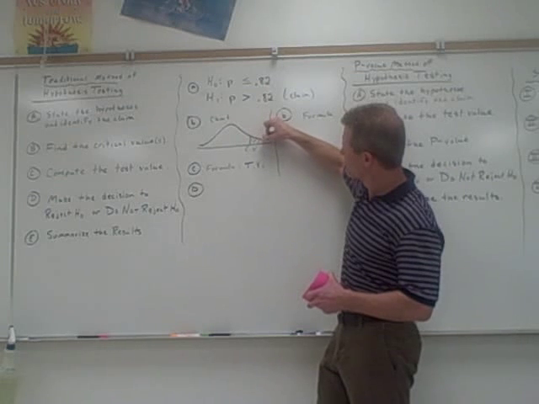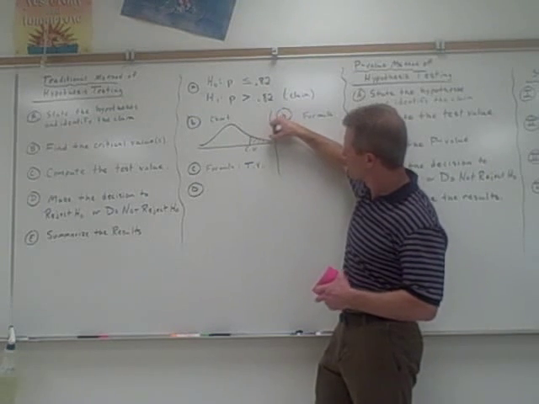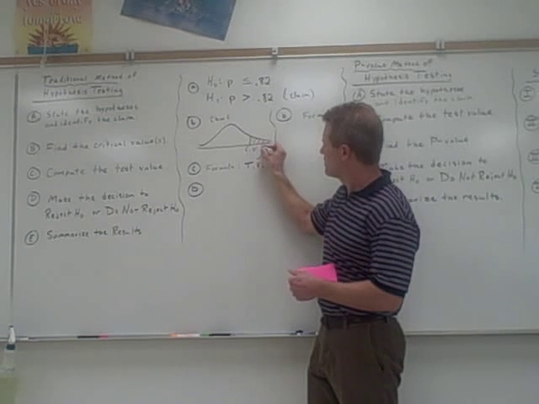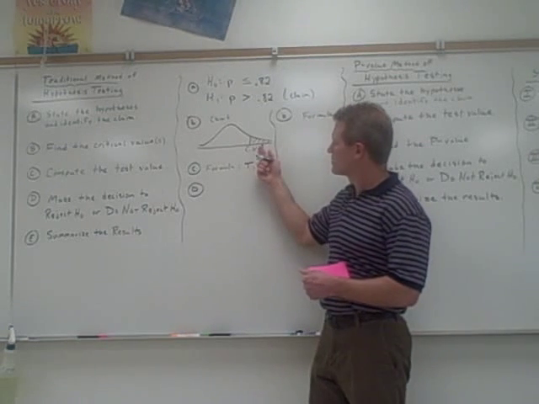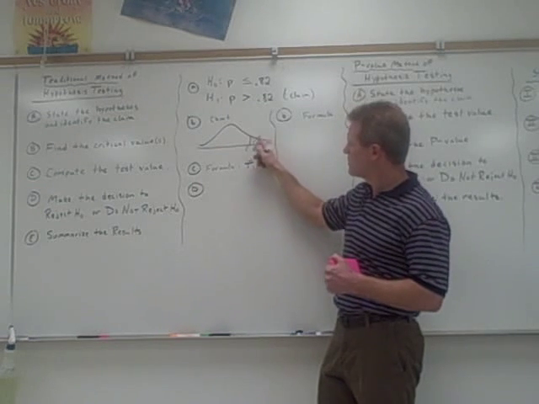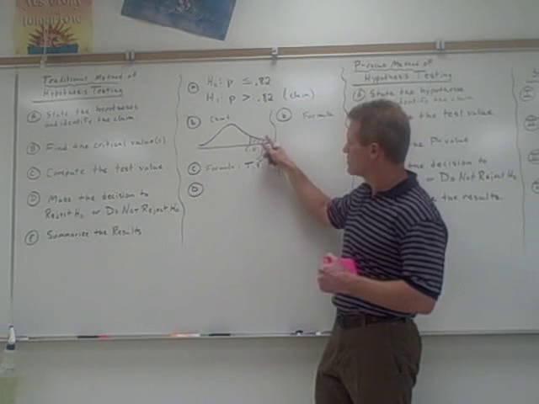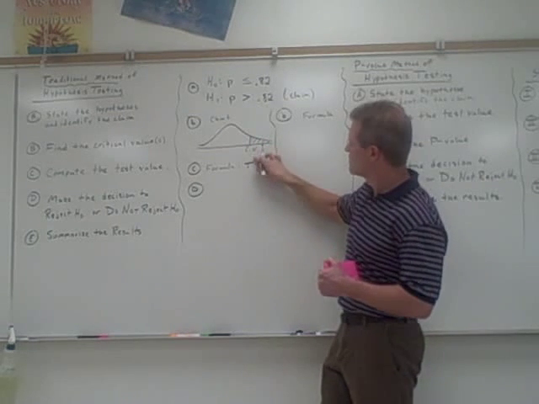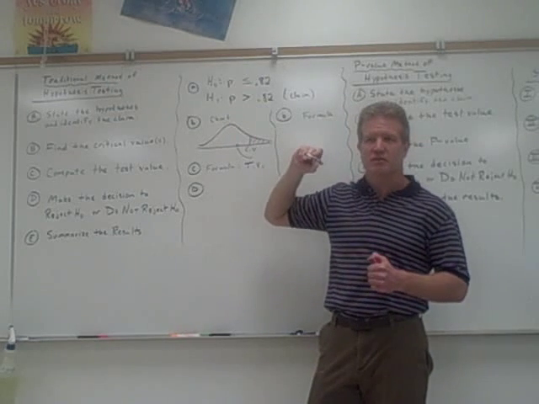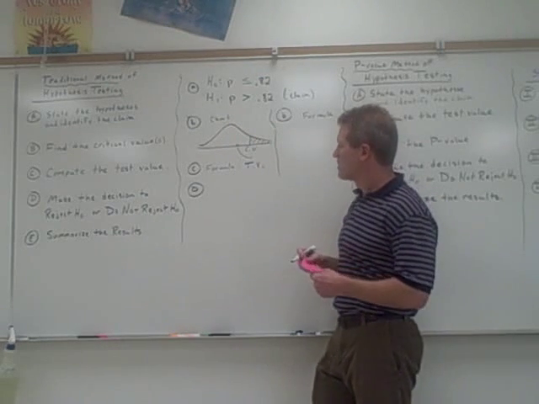If the test value is outside of the critical value, in the rejection region, you'd reject, right? If the test value falls in the critical region, in this case it's the right tail, you would reject. If the test value falls here, you would not reject, okay?